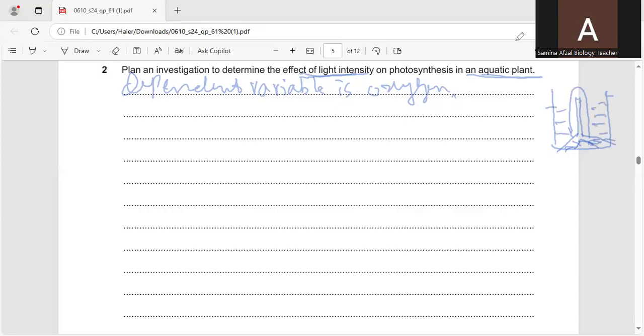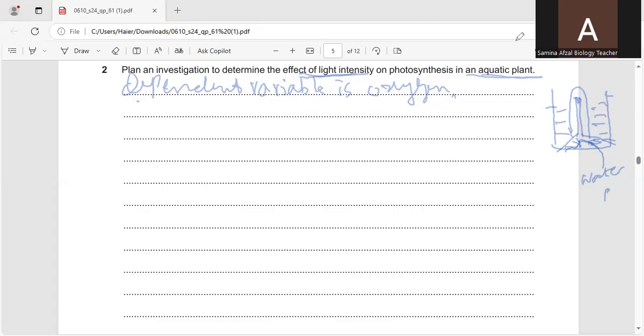And in the large beaker, you can invert a funnel. Under that funnel, you can have the water plant. And on the stem of the funnel, you can invert a test tube filled with water. So you can keep this into the light which you are going to use for this experiment.